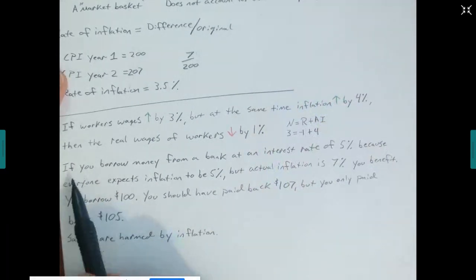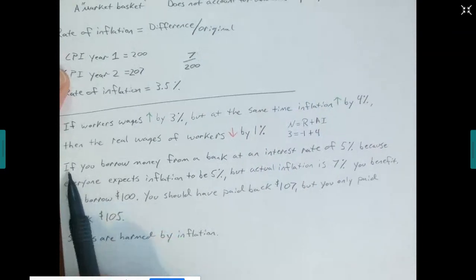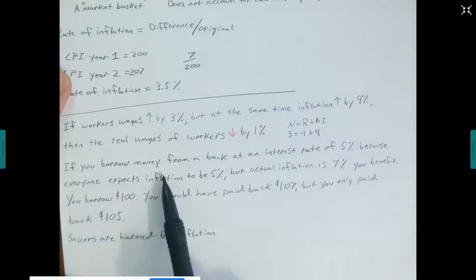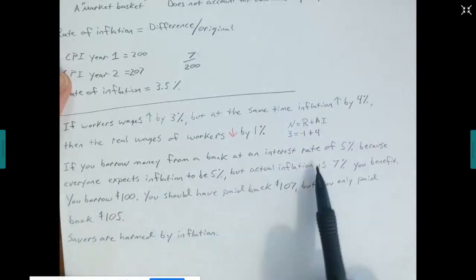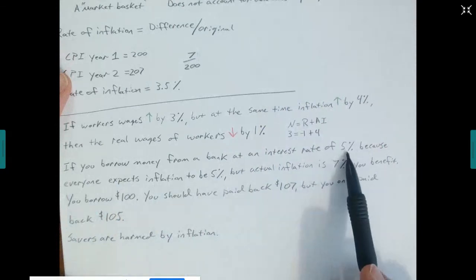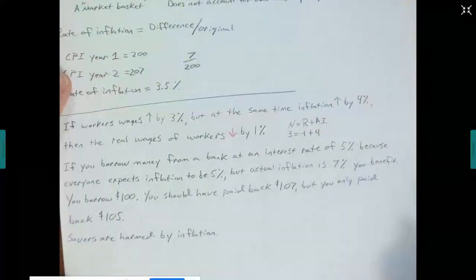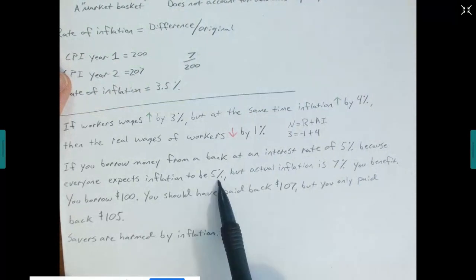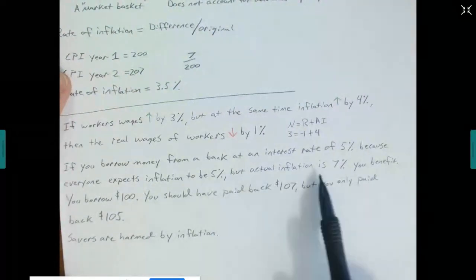Inflation has the ability to impact borrowers and savers also. If you borrow money from a bank at an interest rate of 5%, because you and the bank both anticipate inflation to be at 5%. But actually, inflation is greater than that.